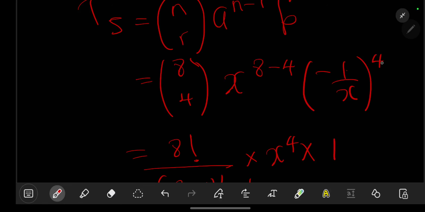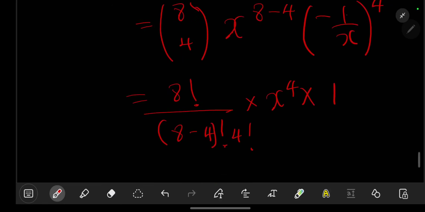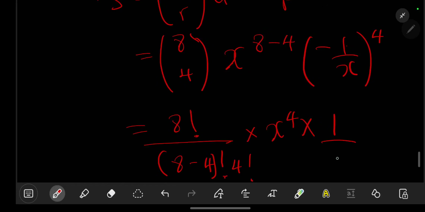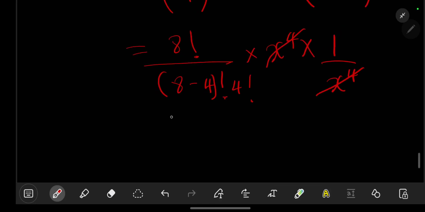Any number to an even power, as long as it's in brackets, is always positive. Then we have over it x to the power of 4. So this and this cancel. If they cancel, just know that you are doing the correct thing.